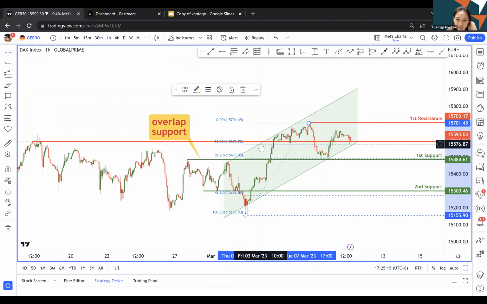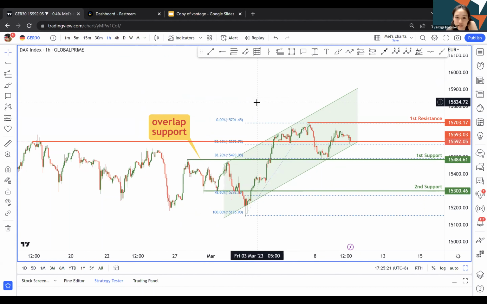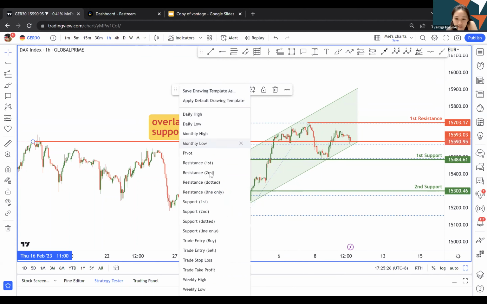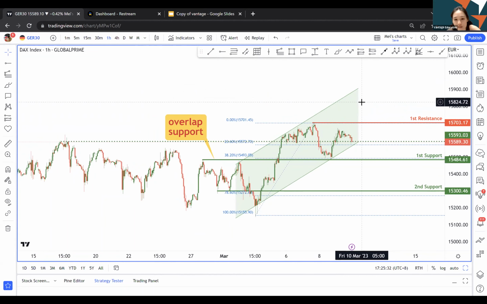Okay, so now I have my 23.6 level that also lies in line with this significant level of resistance. I'm going to make it a dotted line.